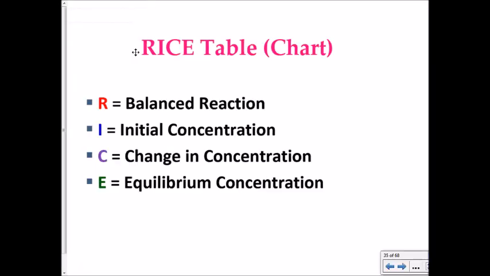Your balanced reaction, you're going to write across the top, and then you're going to start building your table. And we're going to insert our values into the table. This is a very good way of keeping track of all your values, making sure that you're going to end up getting the right concentrations to put into your K expression or your law of mass action expression.